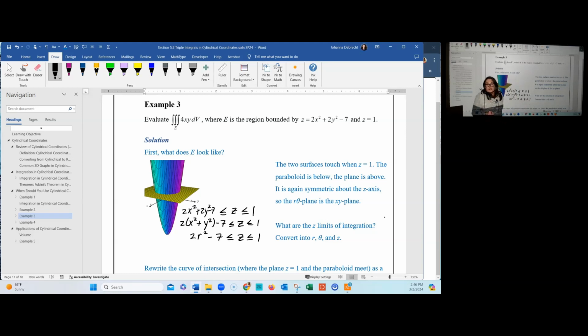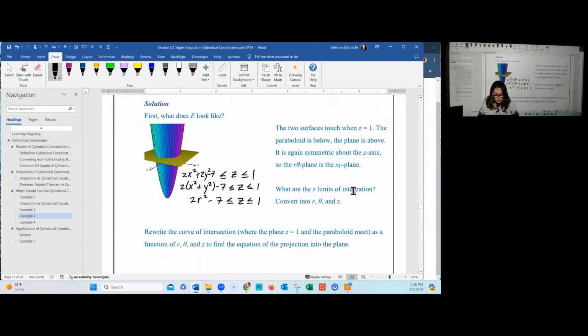The 1, of course, is a constant, so it doesn't need to be converted. This gives us our innermost limits of integration, where one of them is a function of r, which will be our middle integral. Now we need to find out what it looks like for the outer limits of integration.